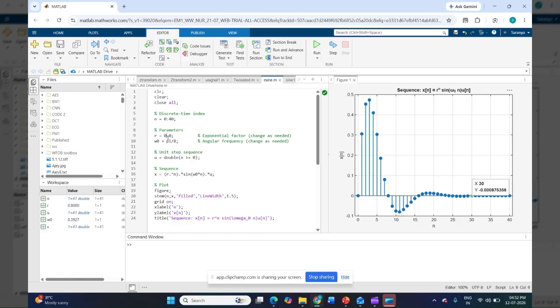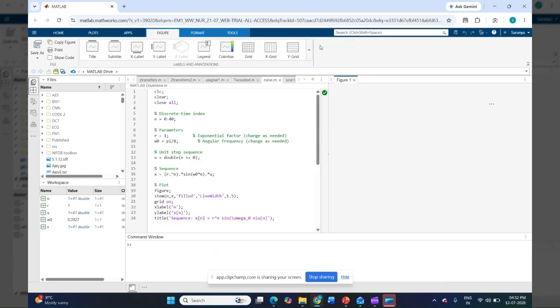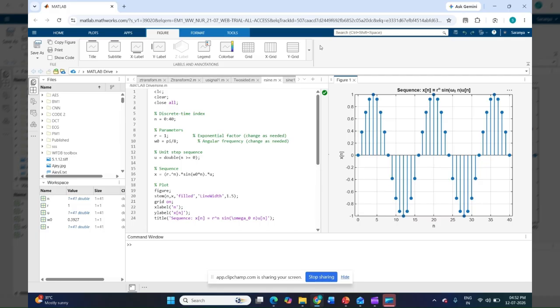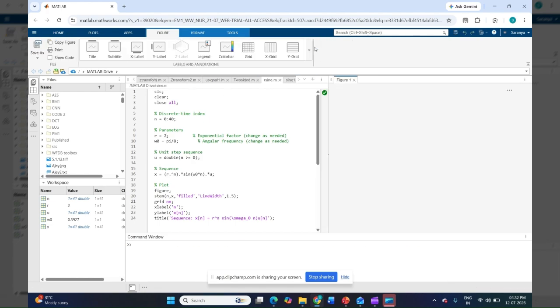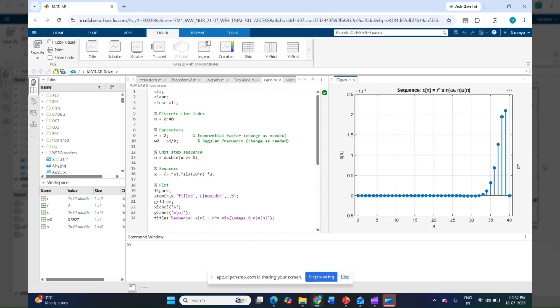Can you see the difference? Can you analyze the sequence? Let me make the r value 1. You will get the same sine signal as the previous example. You got it, right? If I make the r value 2, what will happen? Can you see the difference?